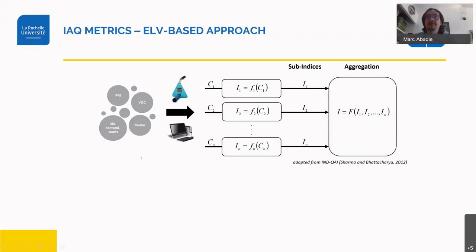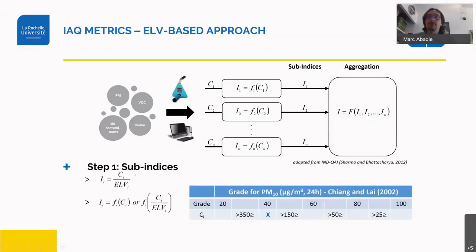For the first terms, we used the ratio we used to define the target pollutants. So it's the ratio of the concentration over the ELV value. But others use a different way of doing that, defining, for example, a scale to compare the different pollutants, to calculate an index for each pollutant according to a scale from 0 to 100, but most of the time it's 0 to 10 or 0 to 1.